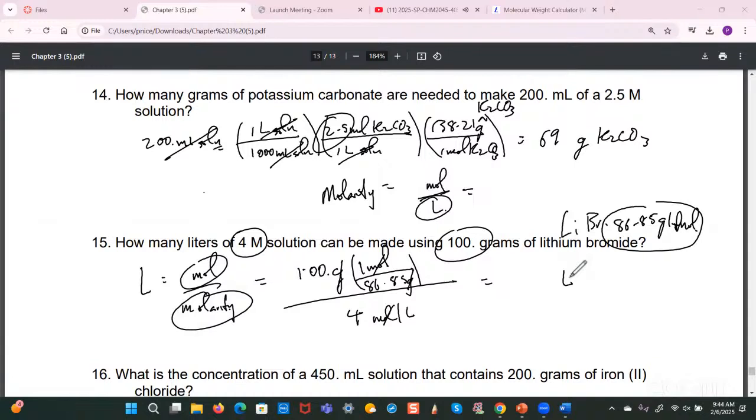So 100 divided by 86.85, and then we divide that by 4. And according to my calculation, when rounded off to 1 sig fig, that's going to be 0.3 liters. That's it. Right?